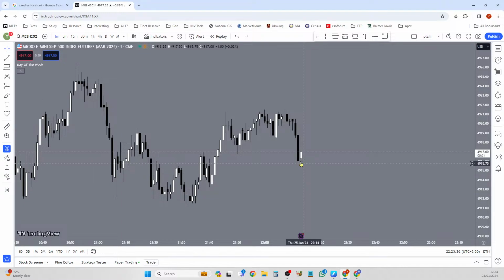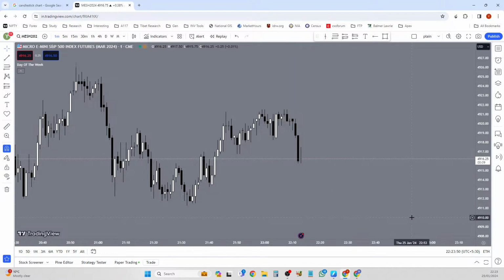So you can see this white colored candle, it's trading higher, but before the close, if it goes lower than its open, the color will change to black. And again, if it goes upwards and closes higher, then the color will again change from black to white.